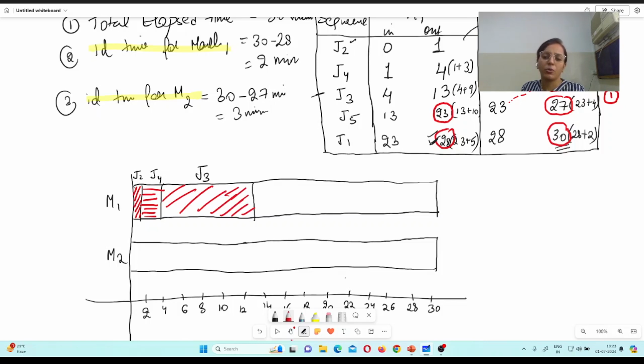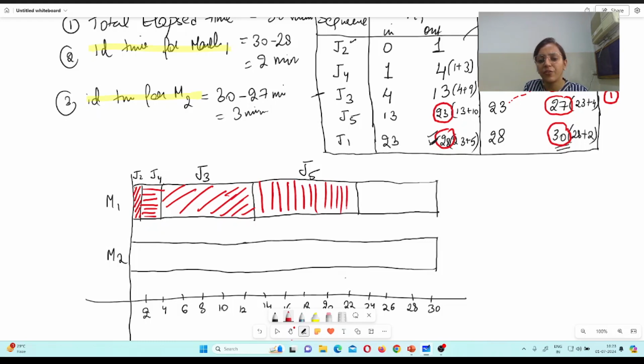Now we have started with the J5, that is starting from 13 till 23, and this will be 23, in between 22 and 24. So this is my J5, right? And changing the shape again for this, you can do it in different directions. For example, I'm doing it this way.